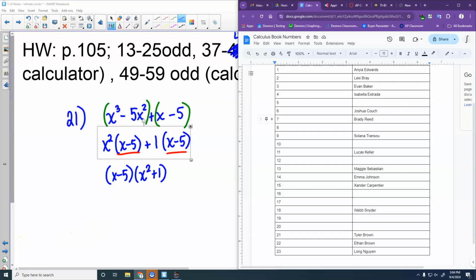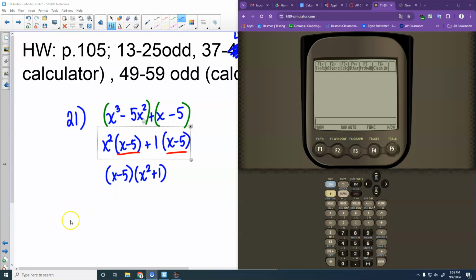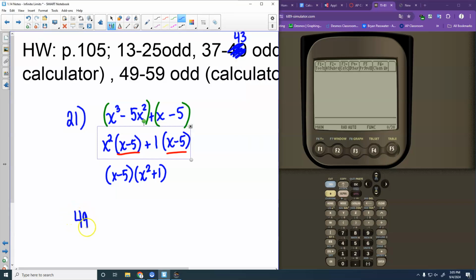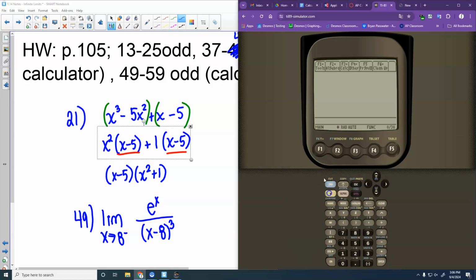So, 49 is the limit as x approaches 8 from the left of e to the x over (x minus 8) to the third. So you've got a vertical asymptote at 8, so it's going to be positive or negative infinity. You want to go to y equals and type in your equation.